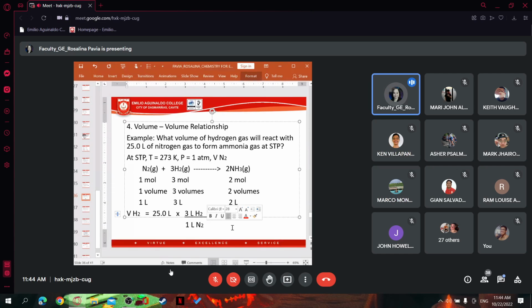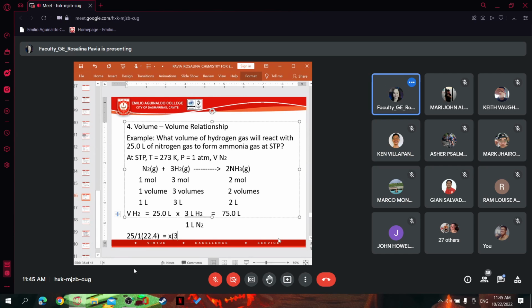Okay, gamit tayo ng volume-volume formula. 25 liters over nitrogen, coefficient 1, times 22.4 equals X times H2, kasi nandito pa yung unknown tsaka given nasa sa reactant.